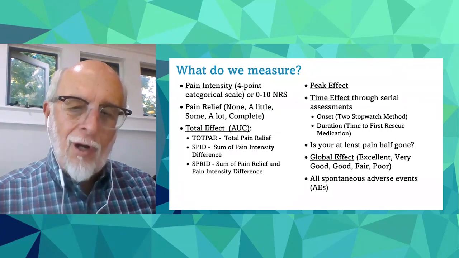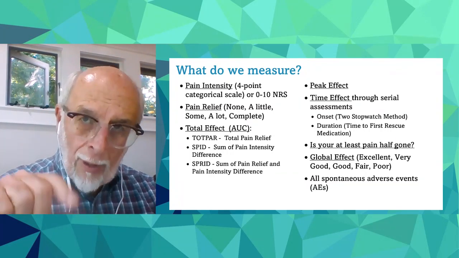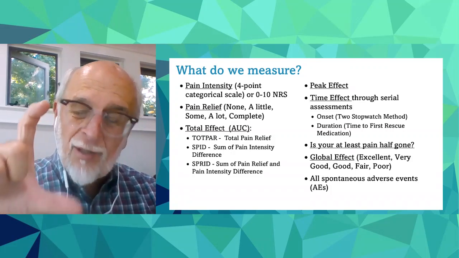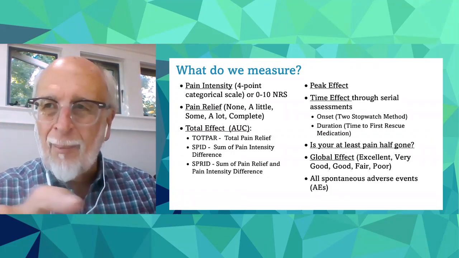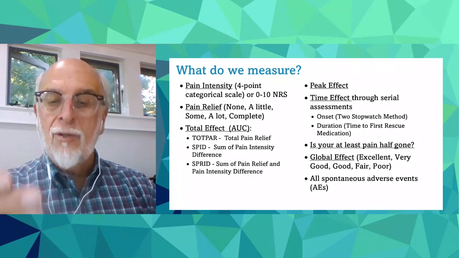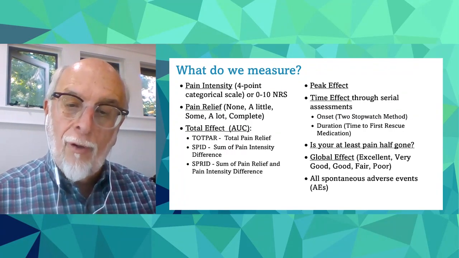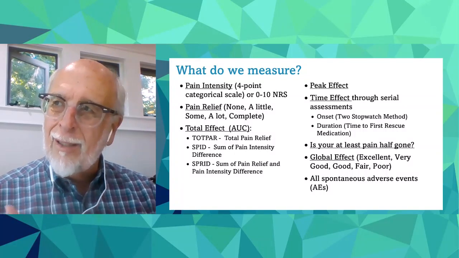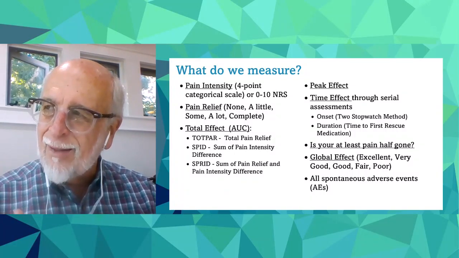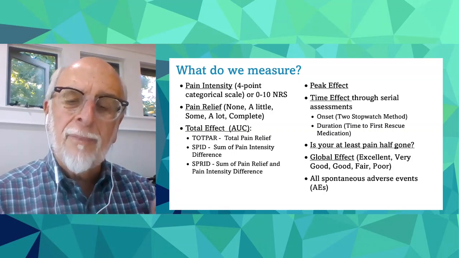Mathematically, we turn them into numbers and we total up the area under the curve. We look at the peak effect, which is the best pain effect. That usually happens within an hour to 2 hours. And then we're looking at onset and duration. With onset, we look at the two-stopwatch method to get a good idea of when it gets started. When do they say they really start getting meaningful pain relief?